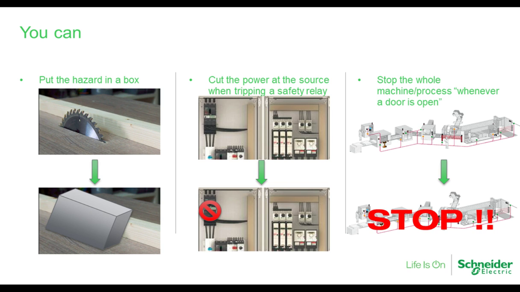So if you have a hazard, one of the first things, the simplest things that comes to mind is to do something that prevents our operators, our maintenance people, people from coming into contact with the hazard. So in this little picture I have here, a saw blade. Easy to understand. There are all kinds of different kinds of hazards, right? There's things that bend, that twist, that drill. It might be really hot. There could be chemical exposure.